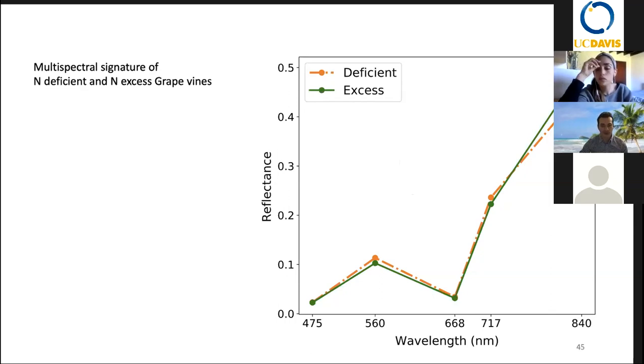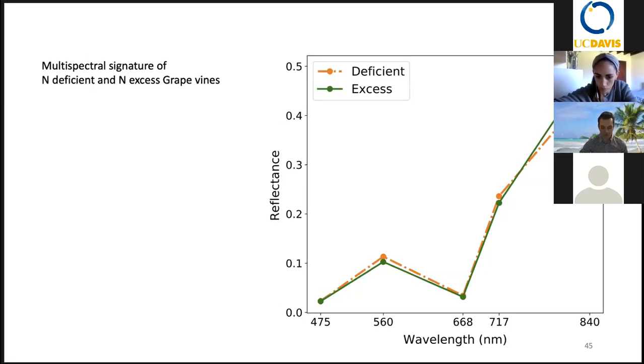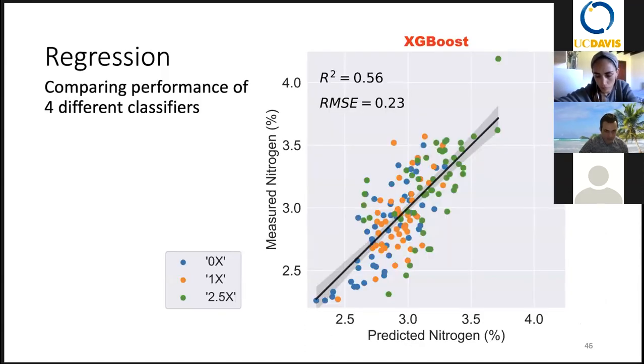So this knowledge can be used to classify all the vines in the vineyard and use that as a decision support tool. So let's see the regression model.